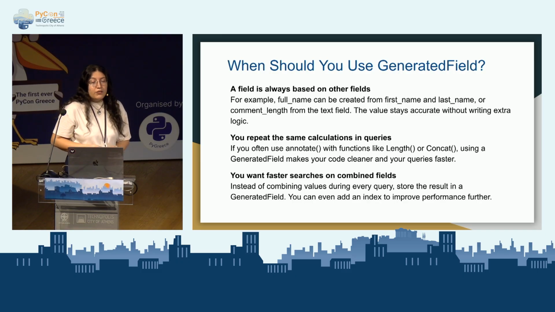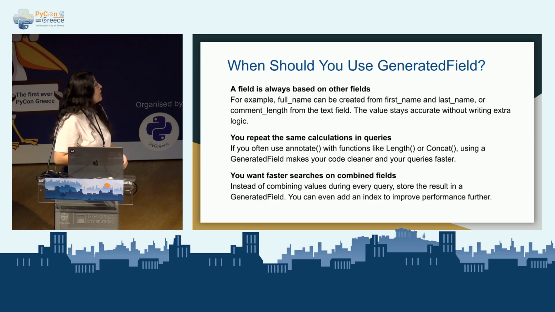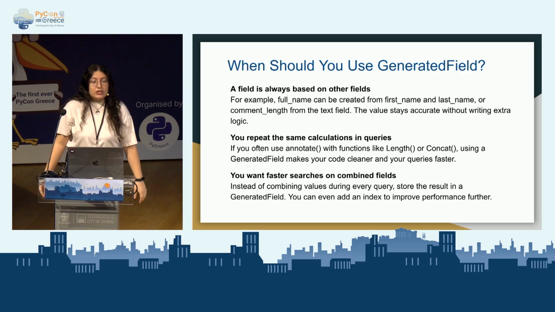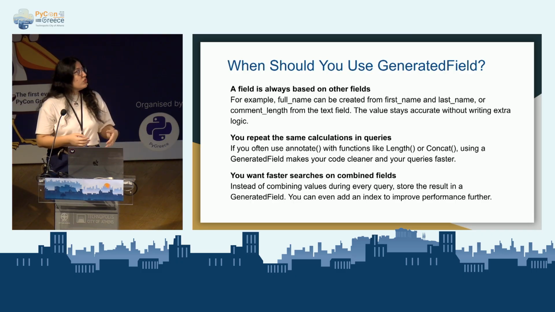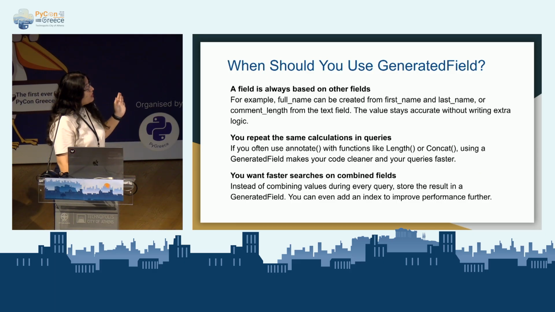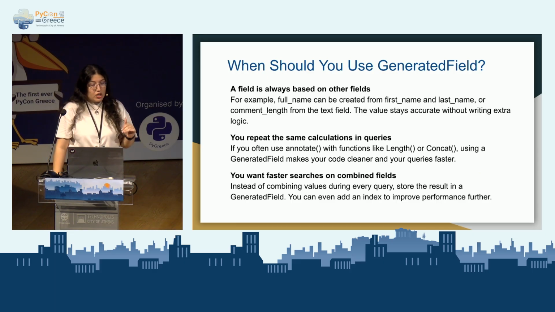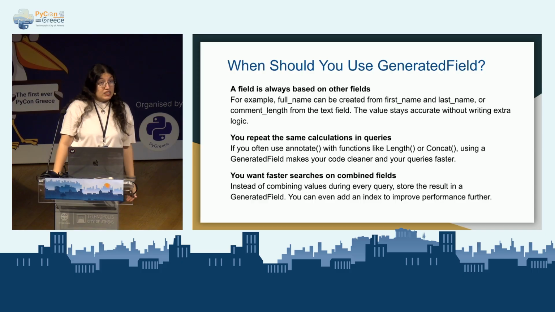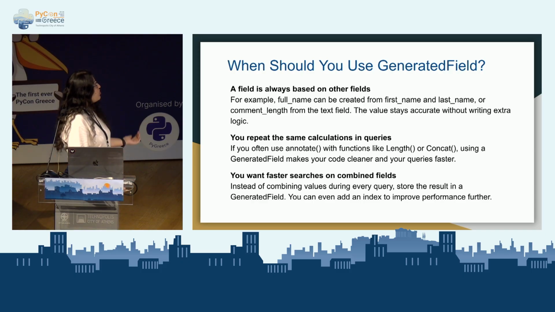Or if you want faster search or ordering operations, in the combined field you can use the generated field. But you should be careful about one point. The generated field depends on the database, so not every database supports it. I use PostgreSQL for my examples.